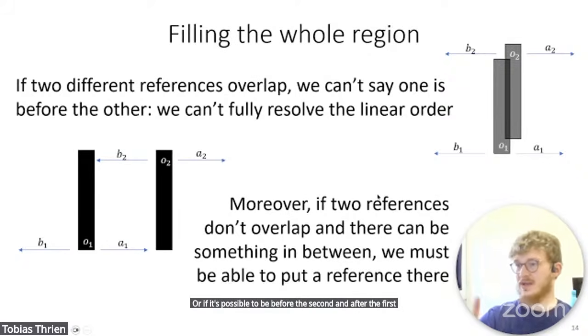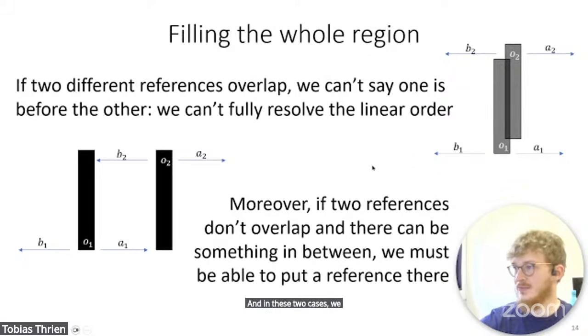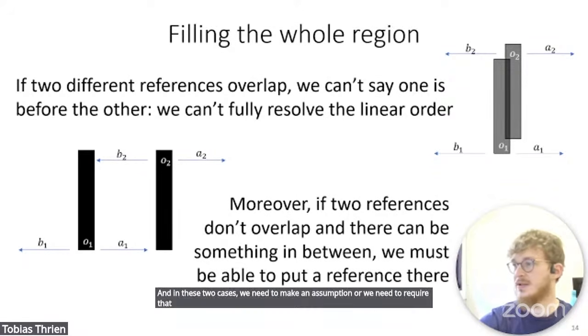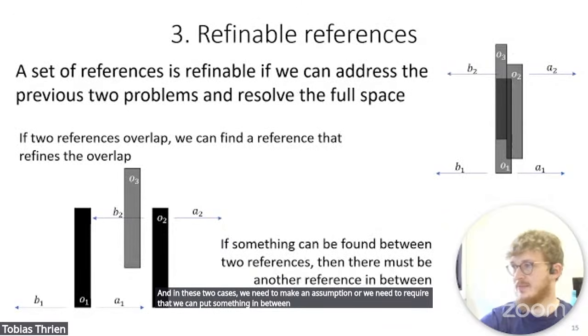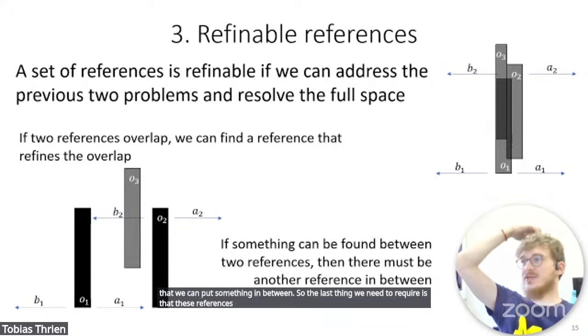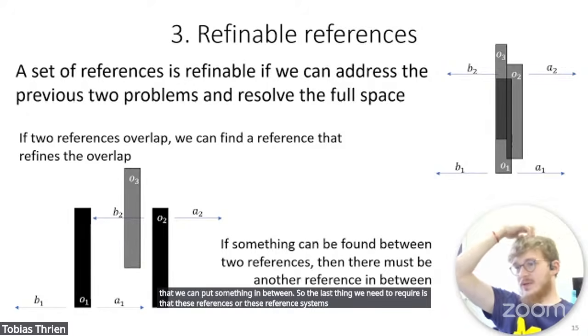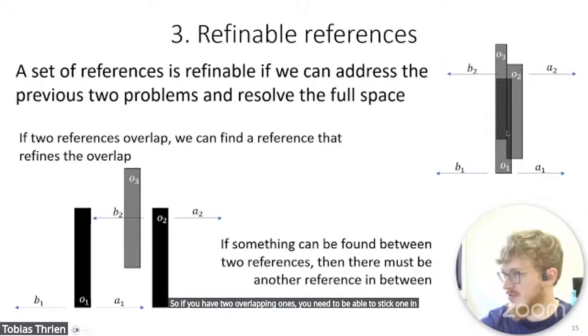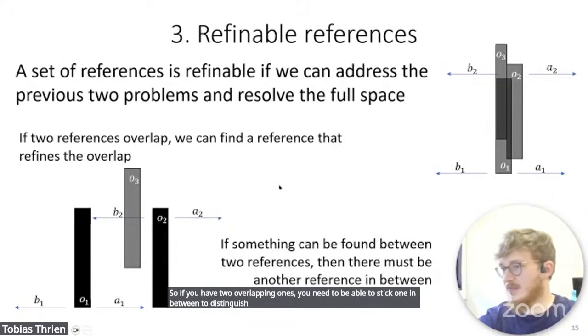And in these two cases, we need to make an assumption, or we need to require that we can put something in between. So the last thing we need to require is that these reference systems are refinable. So if you have two overlapping ones, you need to be able to stick one in between to distinguish this overlap.